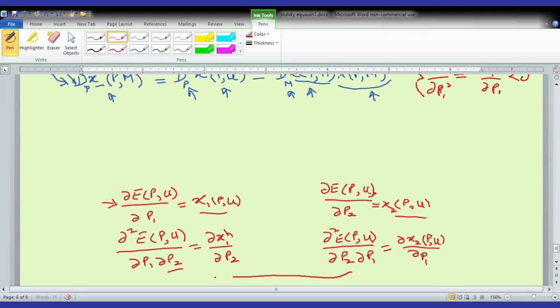See that on the left hand side these two equations are equal because of Young's theorem. So when the left hand sides are equal, this means that the right hand sides are also equal. So we have this term on the right hand side of the first equation equal to this term on the right hand side of the second equation, but these are cross substitution effects, so we can say that cross substitution effects are symmetric.